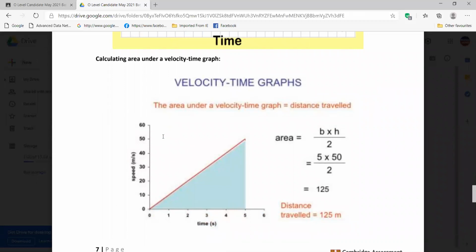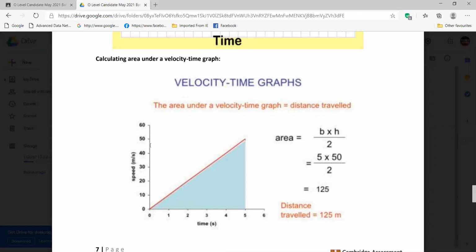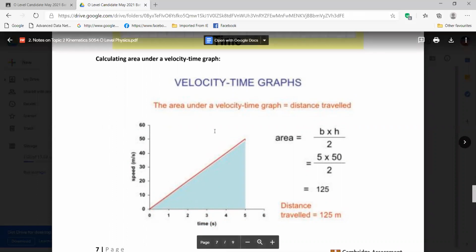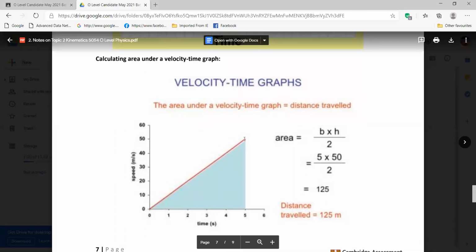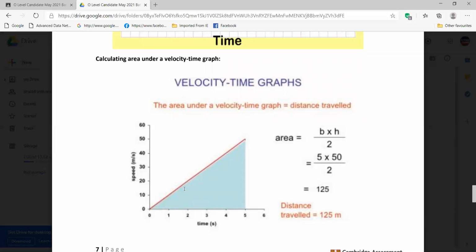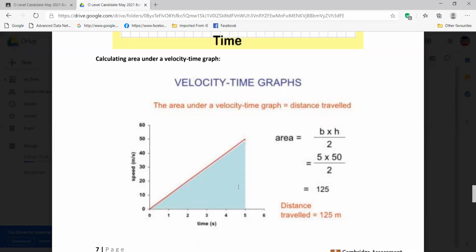And here we got one calculation of how to get the area under the graph. Look, in 5 seconds the speed of the object is 50 meter per second, right? And you are seeing one shaded area. This one is giving the distance traveled. For this, we use the formula of area of triangle, as the area under the graph is a triangle.